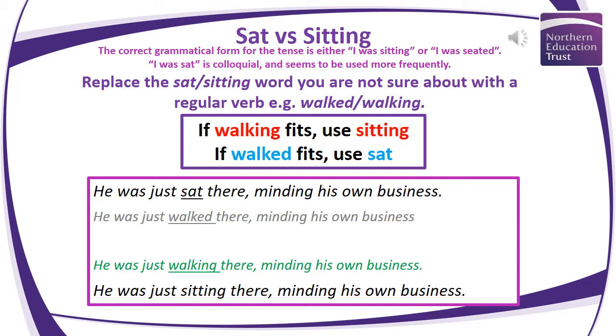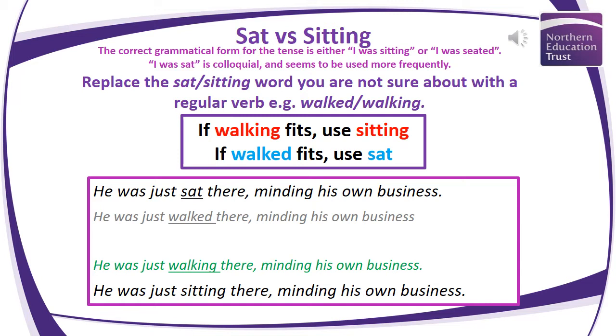So if you look at this example here, so he was just blank there minding his own business. So if I go through this process and I think, okay, so he was just walked there minding his own business. Well, that's incorrect. Grammatically, it doesn't sound right. So we know that sat is incorrect. But if we put that into the sentence, he was just sat there minding his own business, I'm sure you're already starting to picture some students who use that.